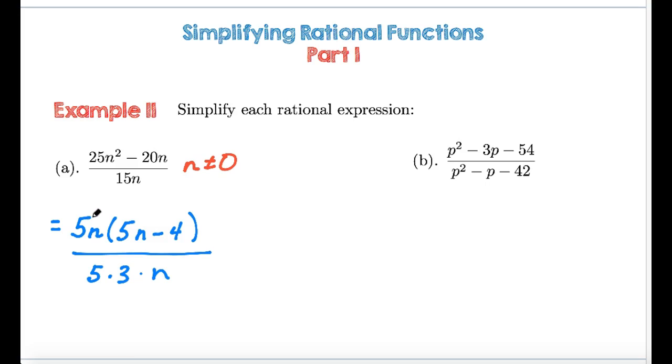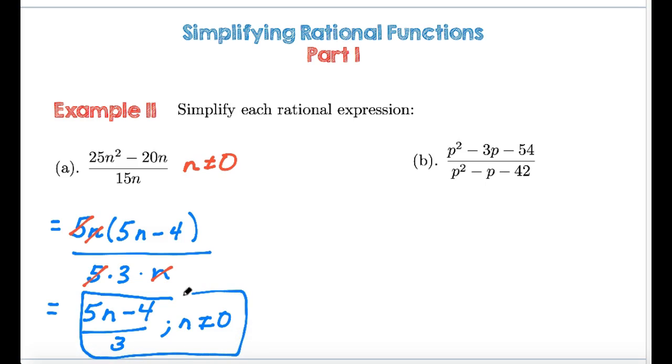That way I can see that the 5 and 5 become 1, and this n and this n become 1. So our final answer here is 5n minus 4 all over 3. And we know that n cannot equal 0. Whatever our domain restrictions are in the original, that needs to carry over to the final answer.